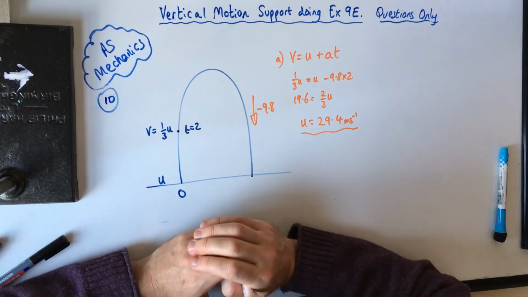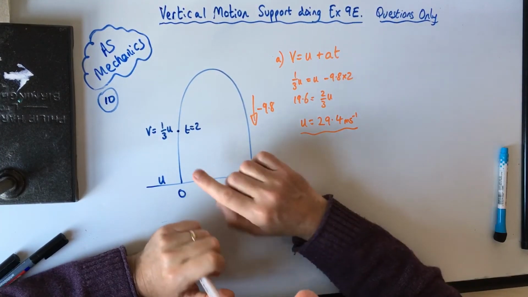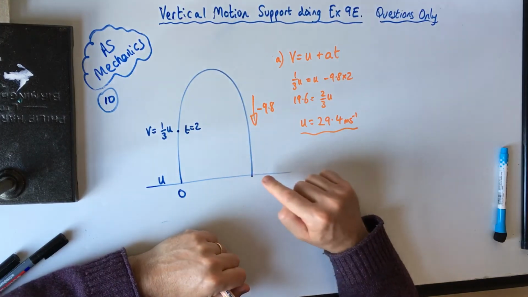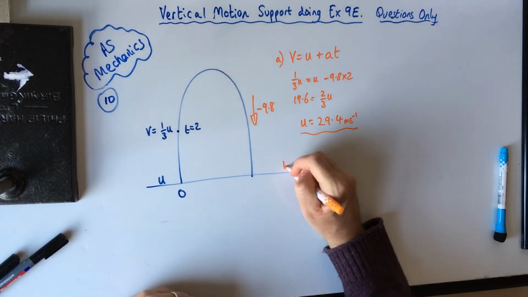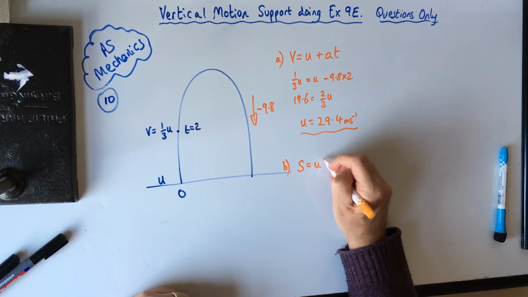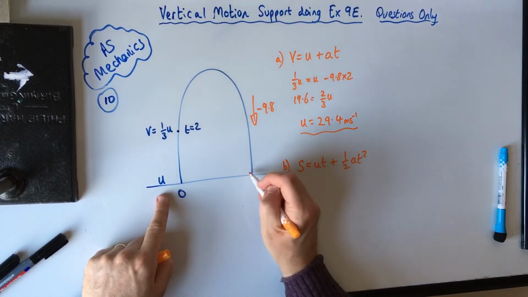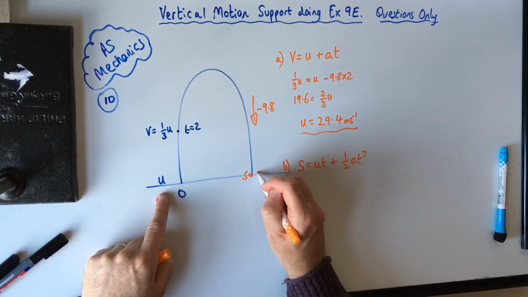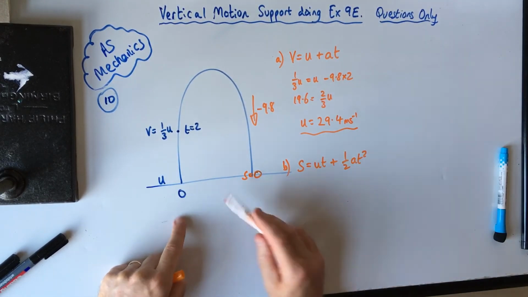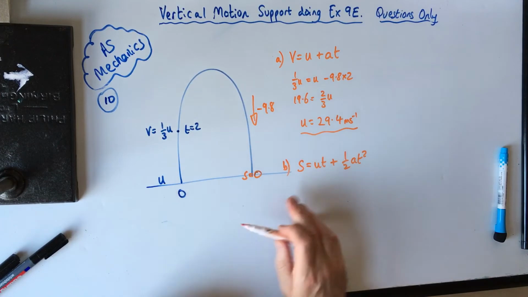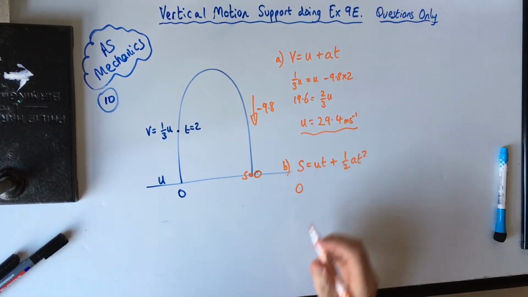And then number 11, it says the time from the instant the particle leaves O until it returns to O. So that same old question, isn't it? It's just s equals ut plus a half at squared. What is this point here? It's s equals 0. It's 0 displacement from the floor, so we can put that in there.